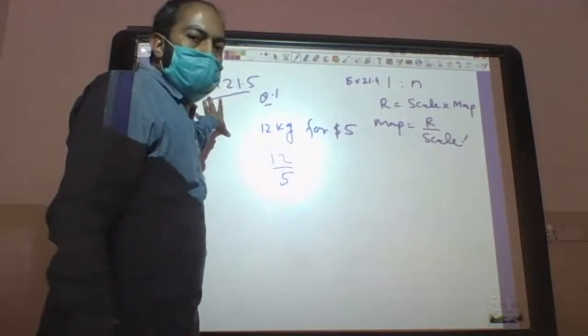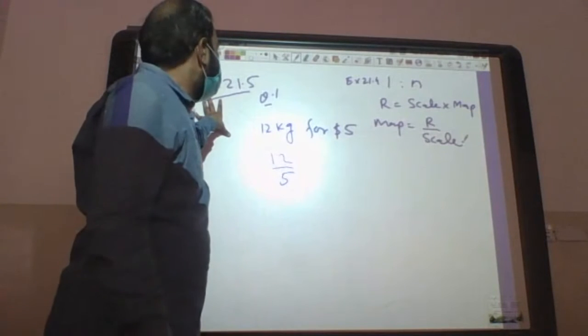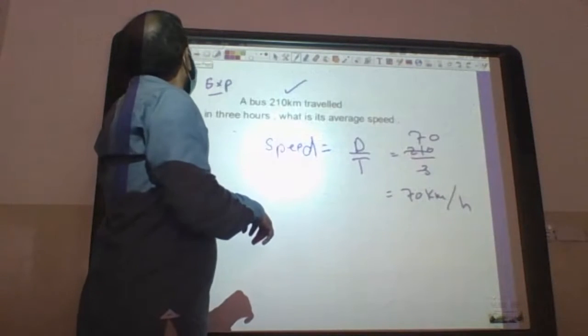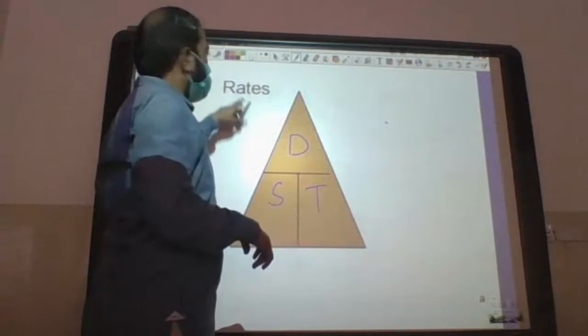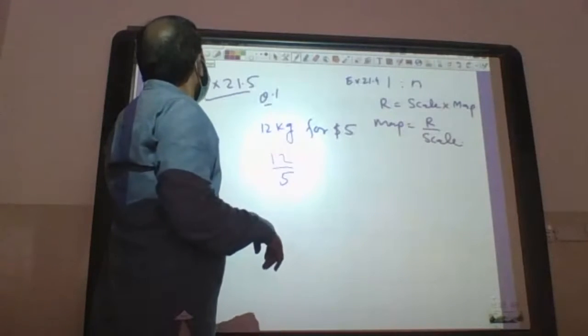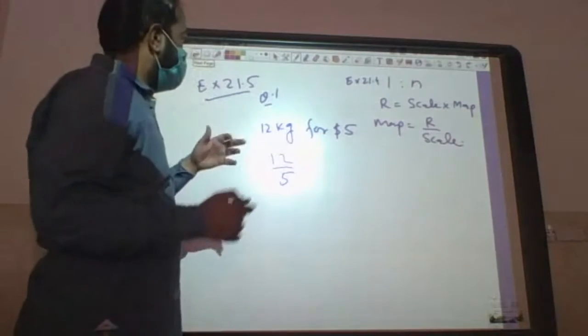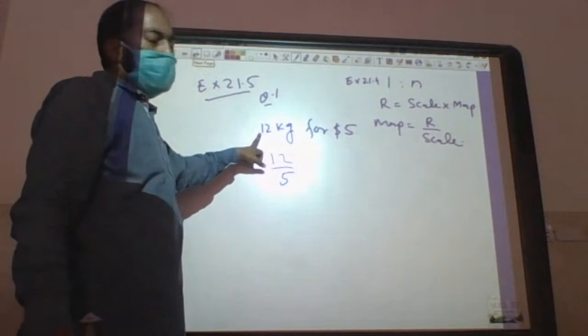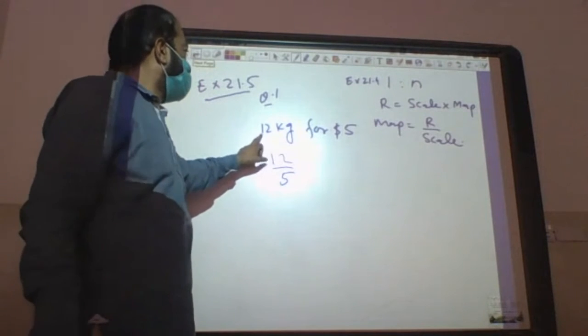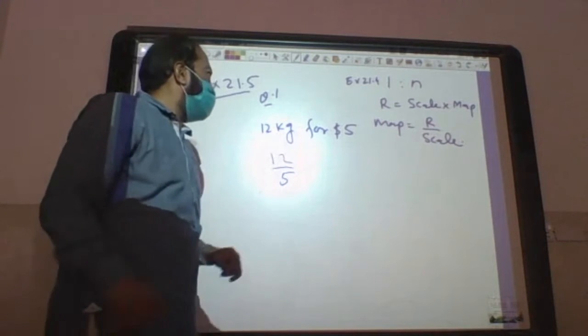Now today, exercise 21.5, question number 1, and the topic which we have started is about rates, and we have done all three formulas. Now we are going to start this exercise. Yesterday I gave a little bit of a clue, but I told you that tomorrow, the 16th of June, we have to start. So 12 kg for $5.